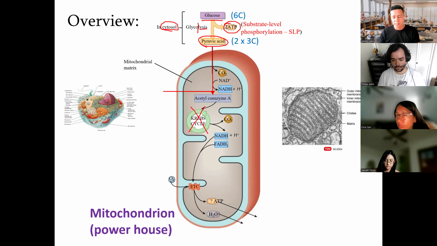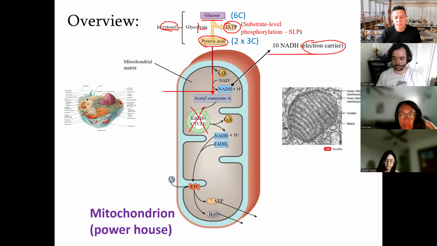And the result is the formation of what we call electron carriers. And we have two different types of electron carriers. We have the NADH and we have the FADH2. Both of them are electron carriers.